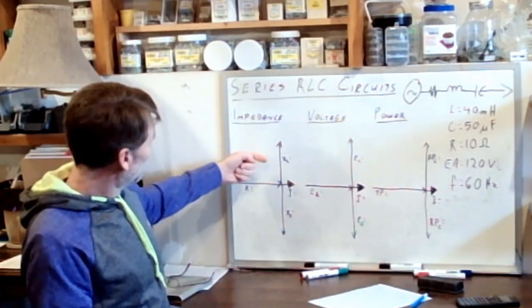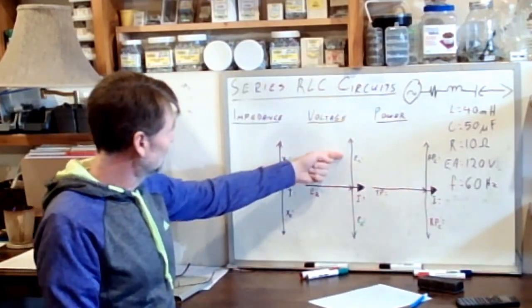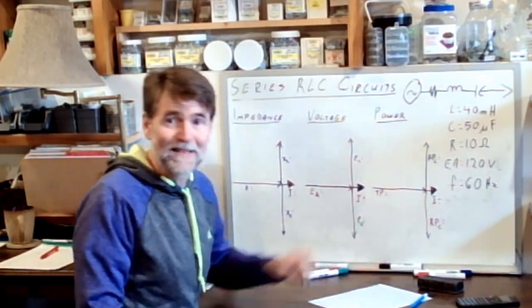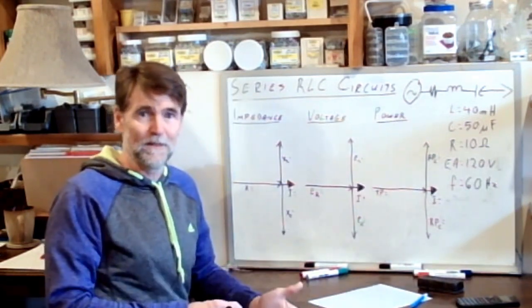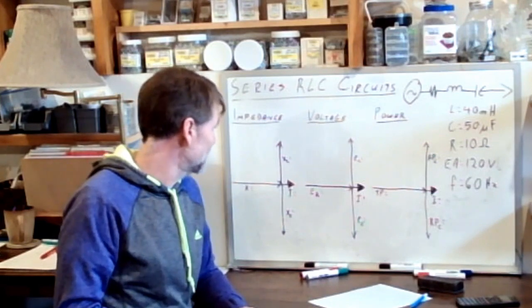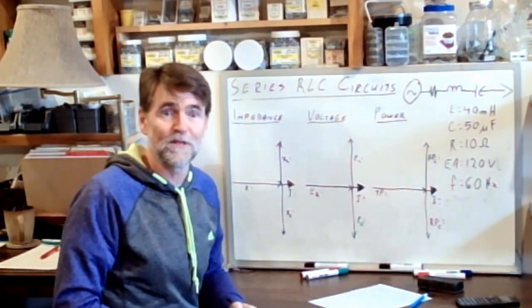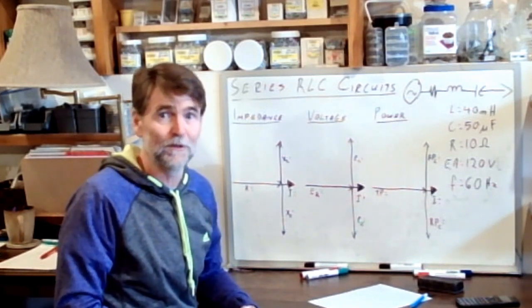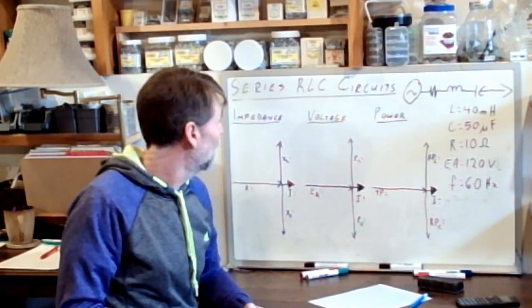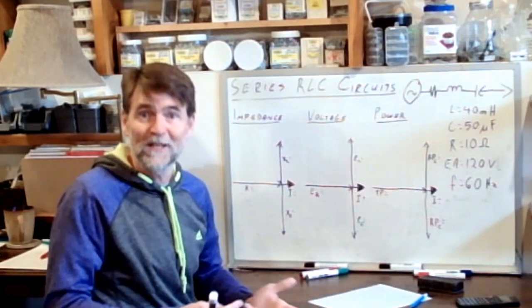I've tried to draw the inductive vectors and the capacitive vectors at about the same size. I have no idea what our numbers are going to look like. I don't know whether this is going to be a leading or lagging power factor. I don't know really what to expect at this point.